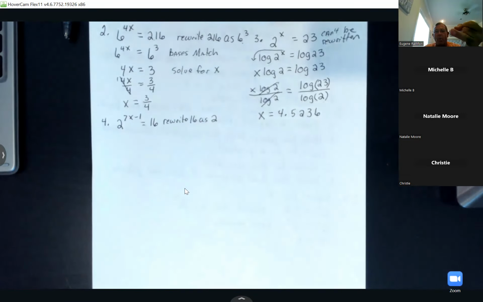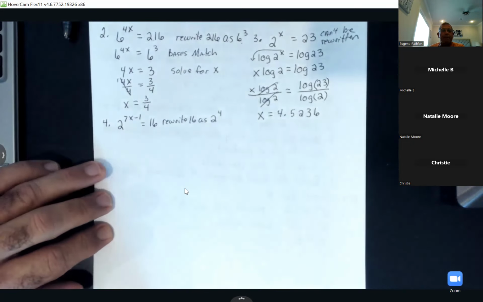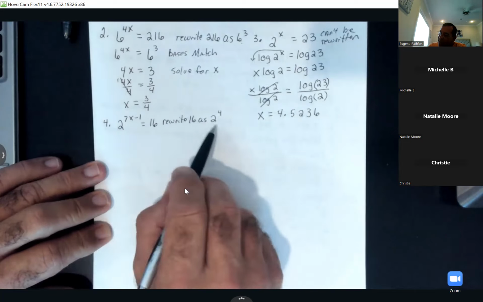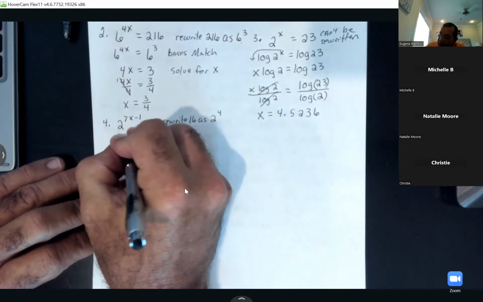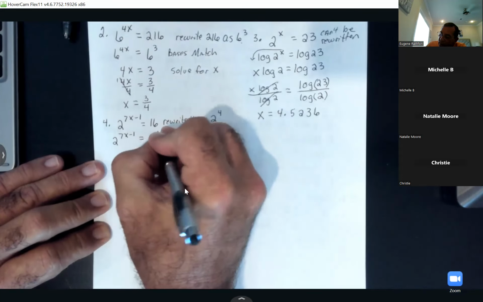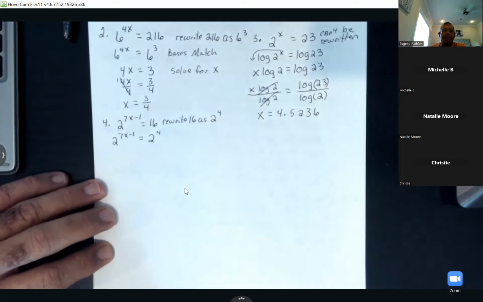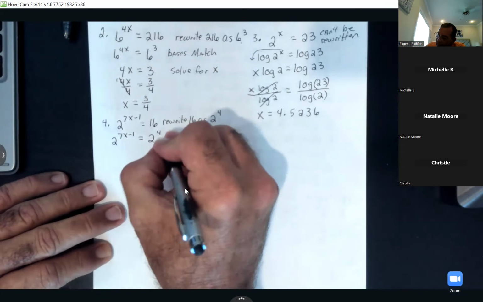So let's think. 2 times 2 is 4. Times 2 is 8. Times 2 is 16. We did that 4 times, so that exponent will be a 4. So we're going to replace 16 with 2 to the 4th. So we get 2 to the 7x minus 1 equals 2 to the 4th. So guess what? We did good. Our bases match.